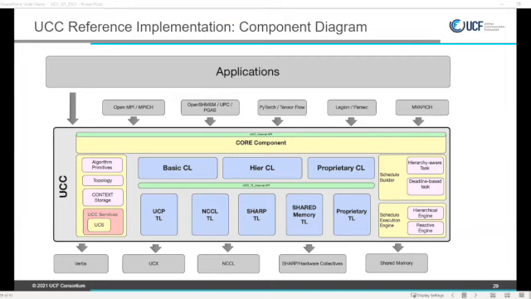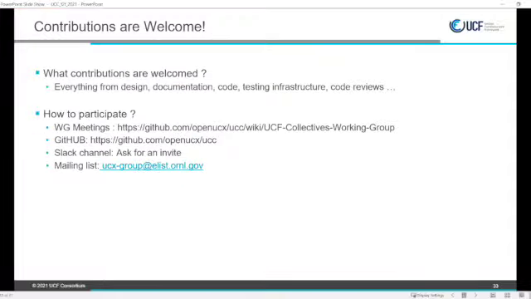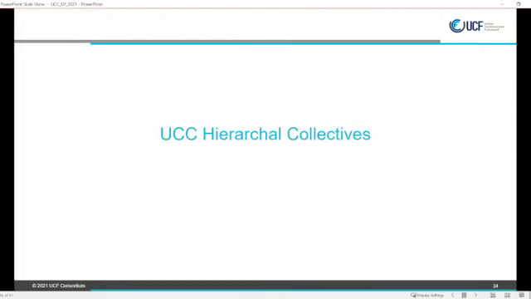I'm not really sure we need that API-level support. But writing a CL is relatively straightforward. If you want an algorithm implemented, you can define a new CL and write it there. Or if you just need a new algorithm, writing a new TL is a better way.